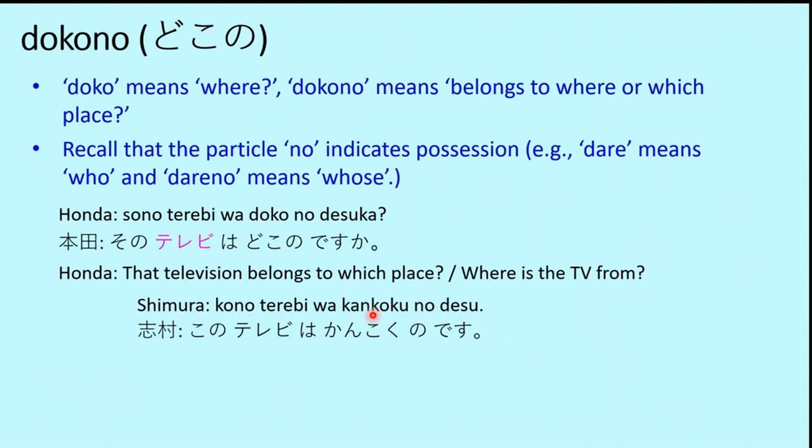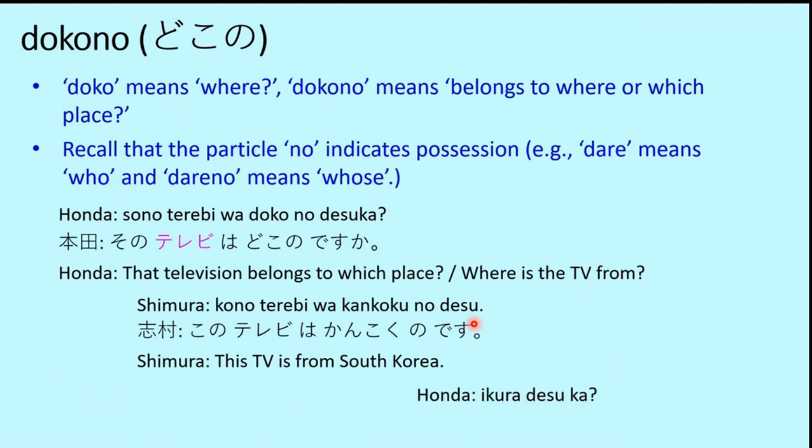Since this is a possession, it belongs to South Korea. Kono terebi wa Kankoku no desu. This television is from South Korea. That means this television is manufactured in South Korea. I have purchased this television which is made in South Korea.